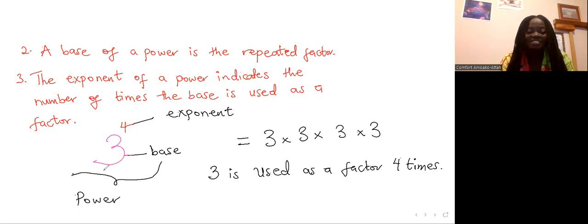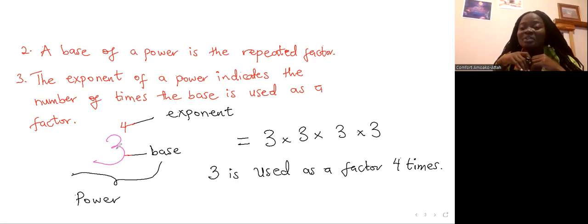So looking at this, this is the power. We have 4 as the exponent and 3 as the base. The base is written down, and the 4, or the exponent, becomes the superscript.